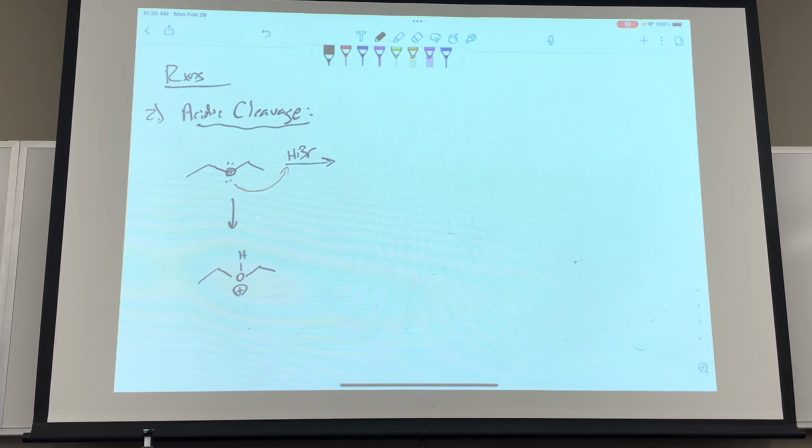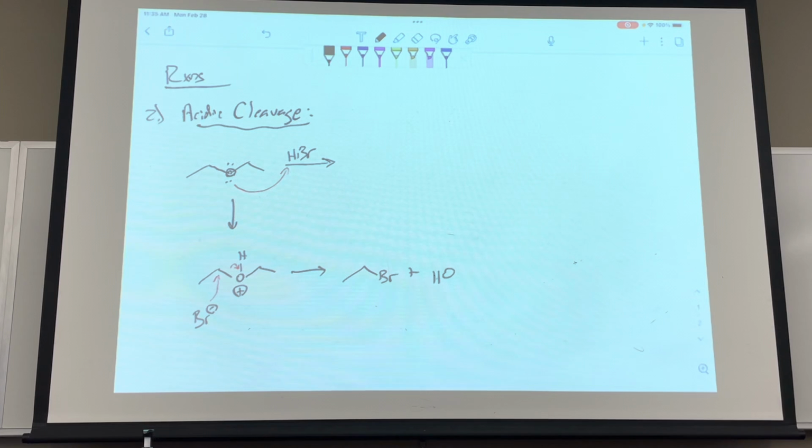You're just generating a good leaving group. And you have a good leaving group in the flask. You also have a good nucleophile. And so this will just undergo an SN2 type reaction, where you make this pair.